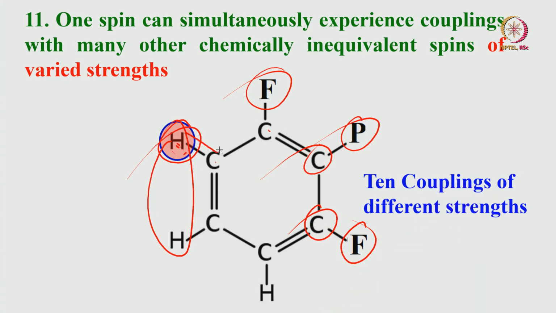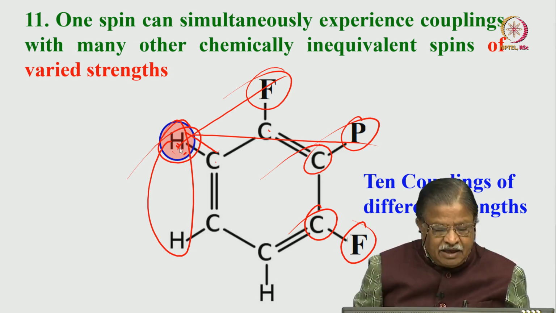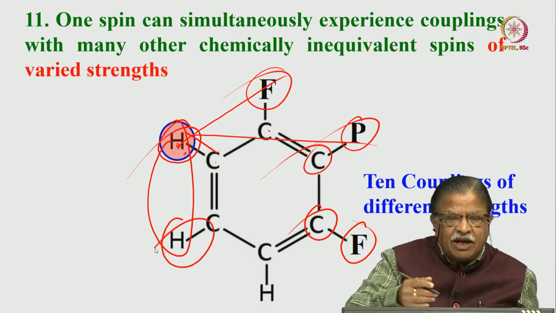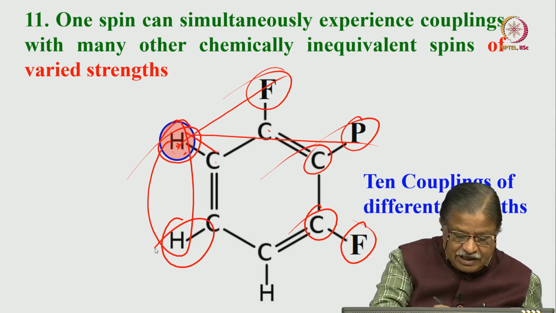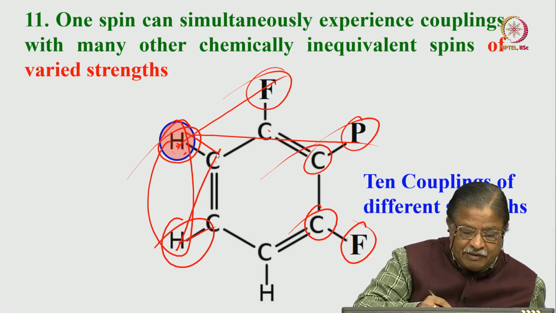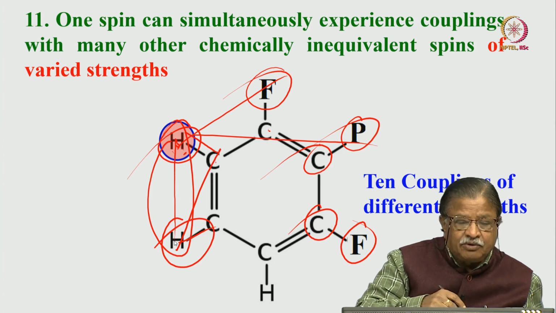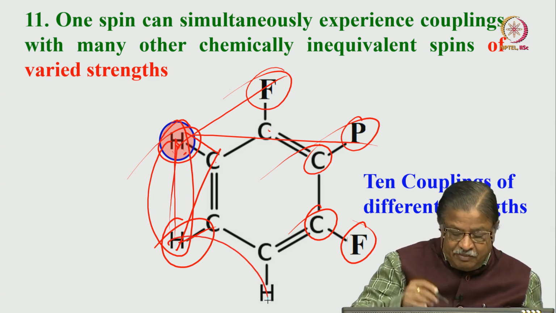This one bond carbon coupling may be 150 hertz or 200 hertz, this can be 10 hertz, this can be 50 hertz, like that. Different interaction strengths are there, but one spin can simultaneously interact with all other spins. This has 10 couplings. Similarly, if you look at this proton, you can work out: 1 bond coupling here, 2 bond, 3 bond coupling with this, 2 bond, 3 bond coupling with this, 3 bond coupling with this proton.